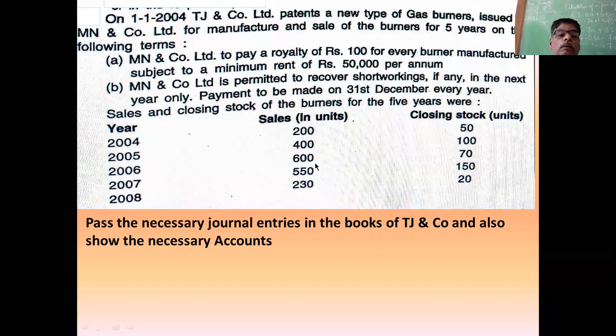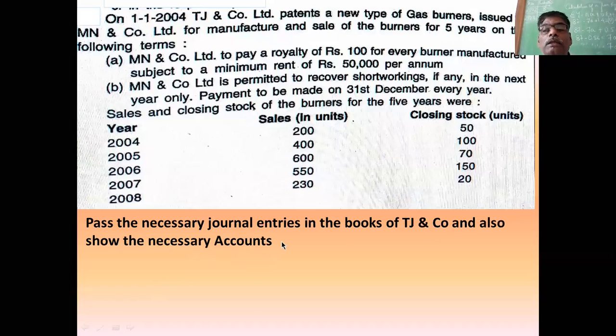And in this problem, pass the necessary journal entries in the books of TJ Company. TJ Company is the lessor, and also show the necessary accounts in the books of TJ Company Limited.